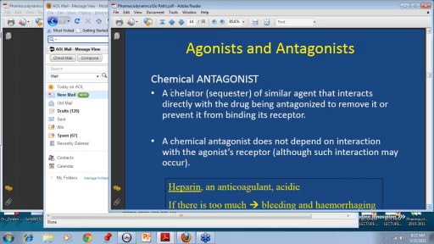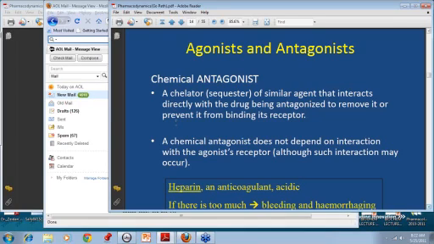In terms of chemical antagonists, you're dealing here with a sequester, a chelator, a trapping agent. I like to refer to this as a trapping agent. I love to look at those chelators and look at the charges that they have. That's my interest. A chelator is a sequester of similar agents that interact directly with the drug being antagonized and is able to remove it or prevent it from binding.